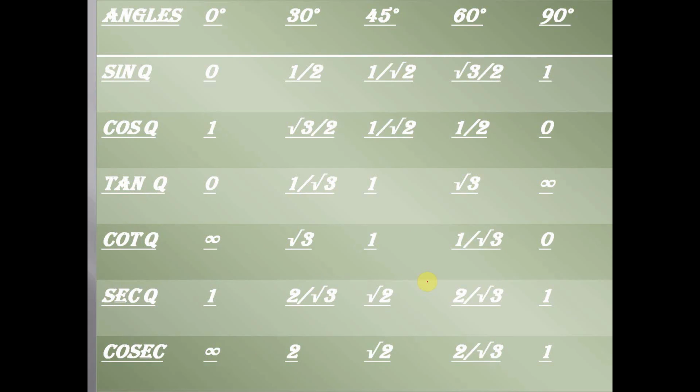See, we have come to a table. The sine will be opposite of cosec, cos will be opposite of sec, and tan will be opposite of cot. The opposite of 0 cannot be done, so there is infinity. The opposite of 1 is 1. 0 opposite is infinity.